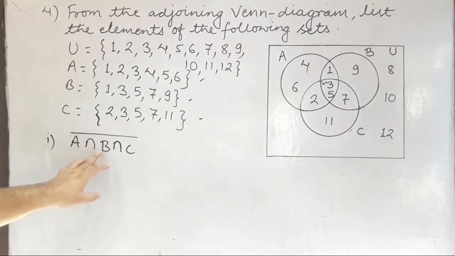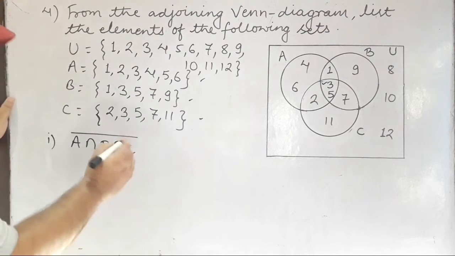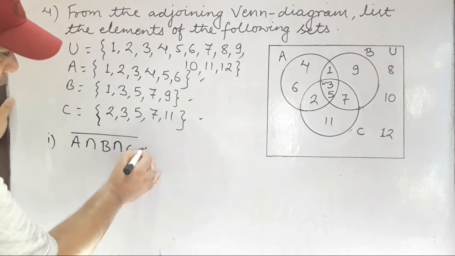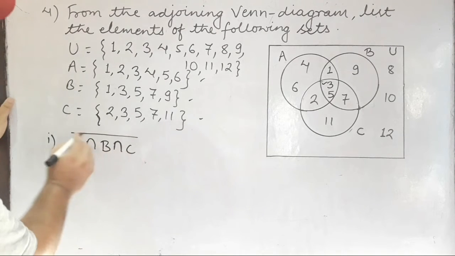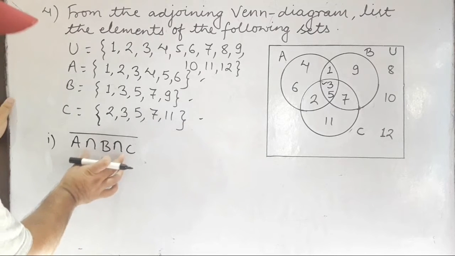A intersection B intersection C complement. That means we have to write down the elements which do not belong to A intersection B intersection C. The complement denotes the collection of those elements which do not lie in that set.